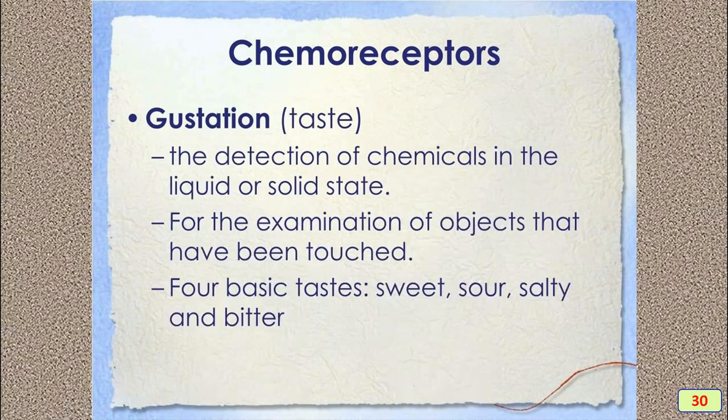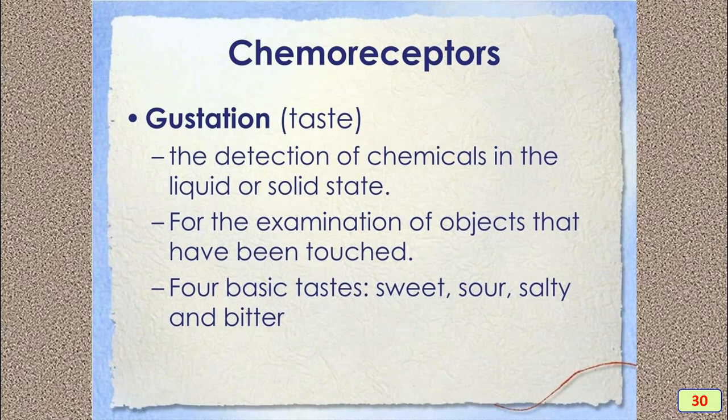Then gustation, or taste, is the detection of chemicals in liquid or solid state. Most animals have taste receptors or taste buds, with the highest sensitivity of taste in the human being.